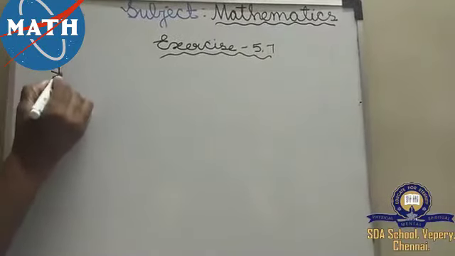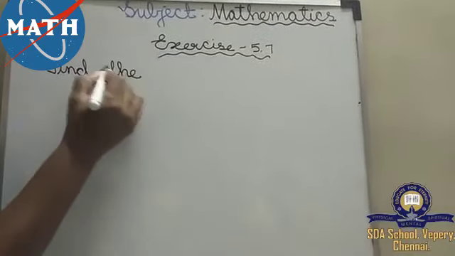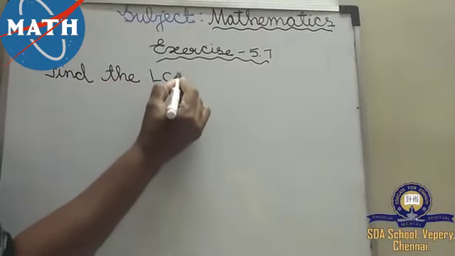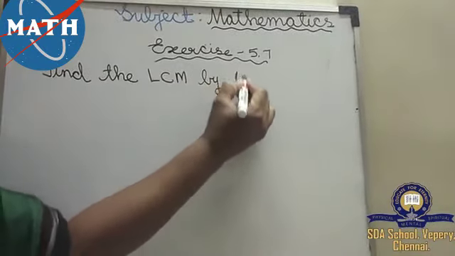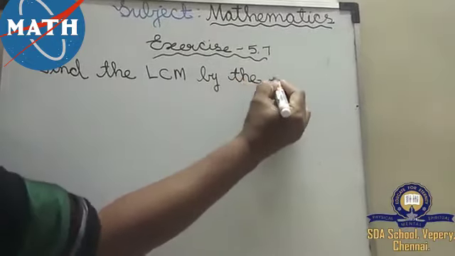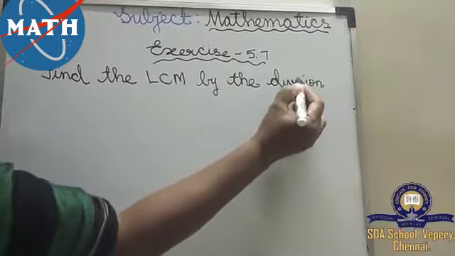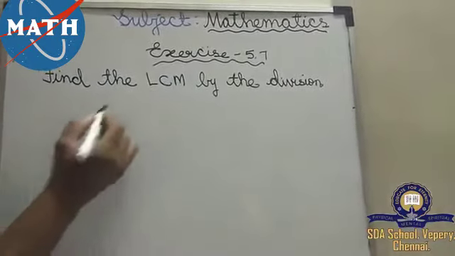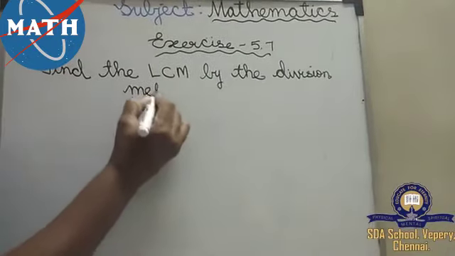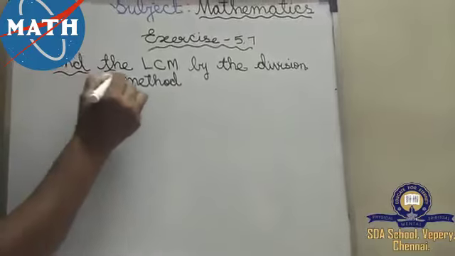Find the LCM by the division method. No need to copy down in the classwork note. Don't think you have to do this sum. If you want, you can copy down in a rough note and keep it with you. Find the LCM by the division method.